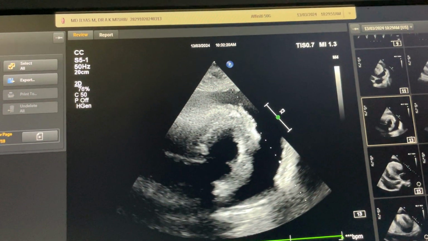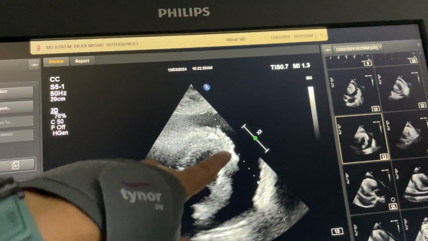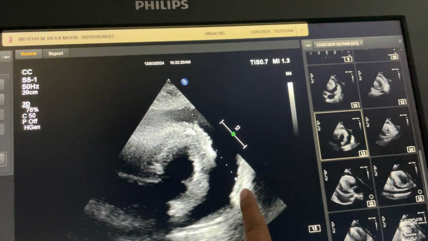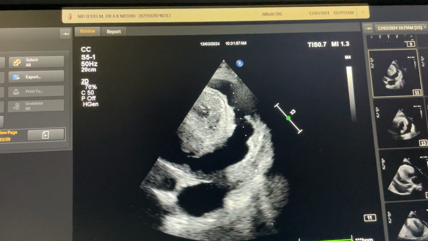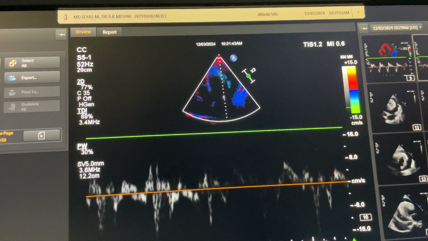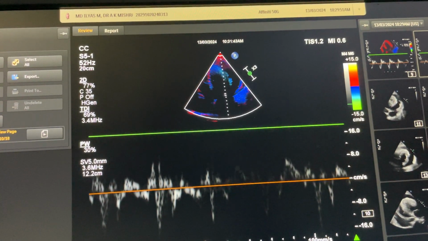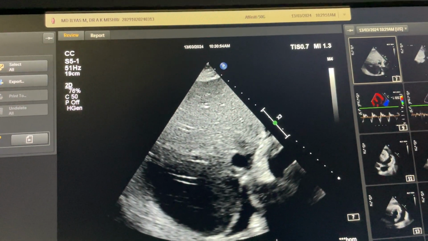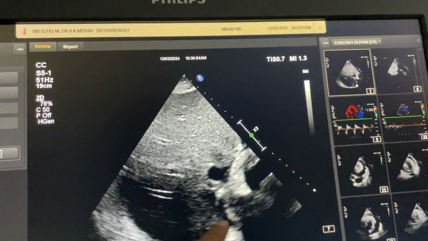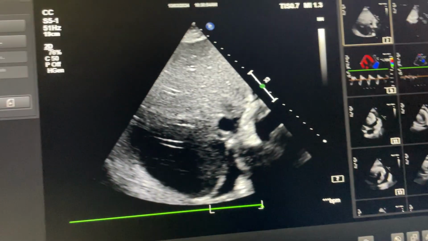You can see this is thickening of the visceral pericardium, and this is the thickening of parietal pericardium. A little bit of right sided pleural effusion is also there. Right sided pleural effusion.